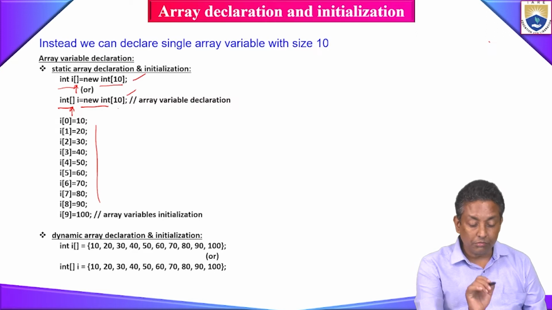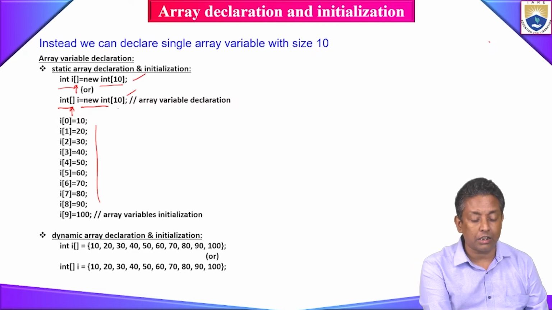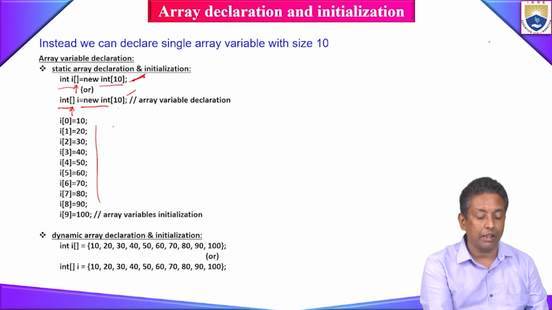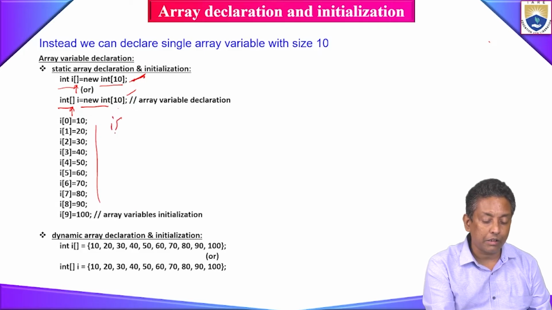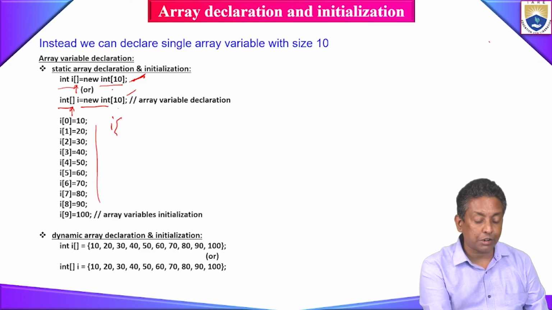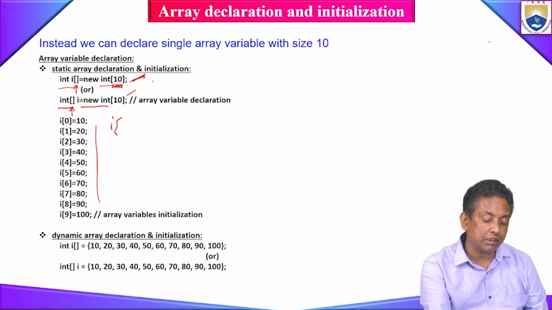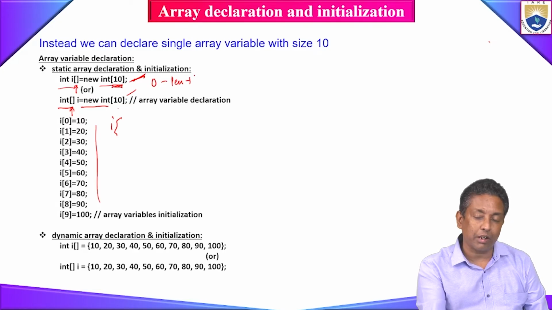There is no option. But suppose you declare an integer array with a size of 10, how can we access its elements? By writing i square bracket. If you want to access the first element of the array, if the array size is 10, then its index starts from 0 to length minus 1, or n minus 1, whatever it is.